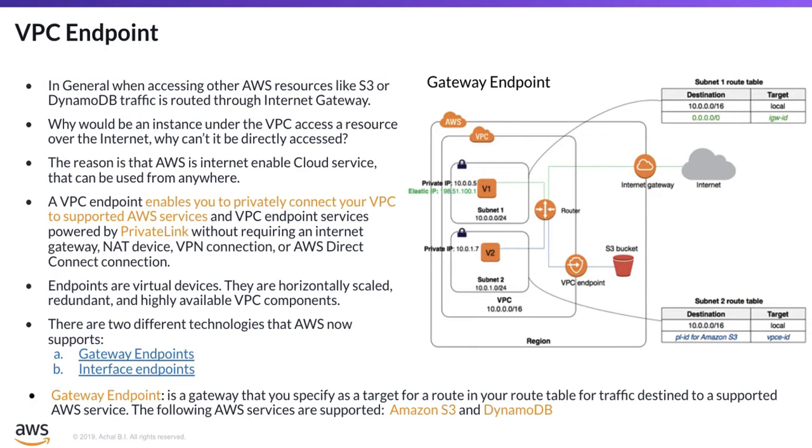So gateway endpoints can only support Amazon S3 and DynamoDB. And if you want to connect to other AWS resources which are out there, you might have to use something called interface endpoints.